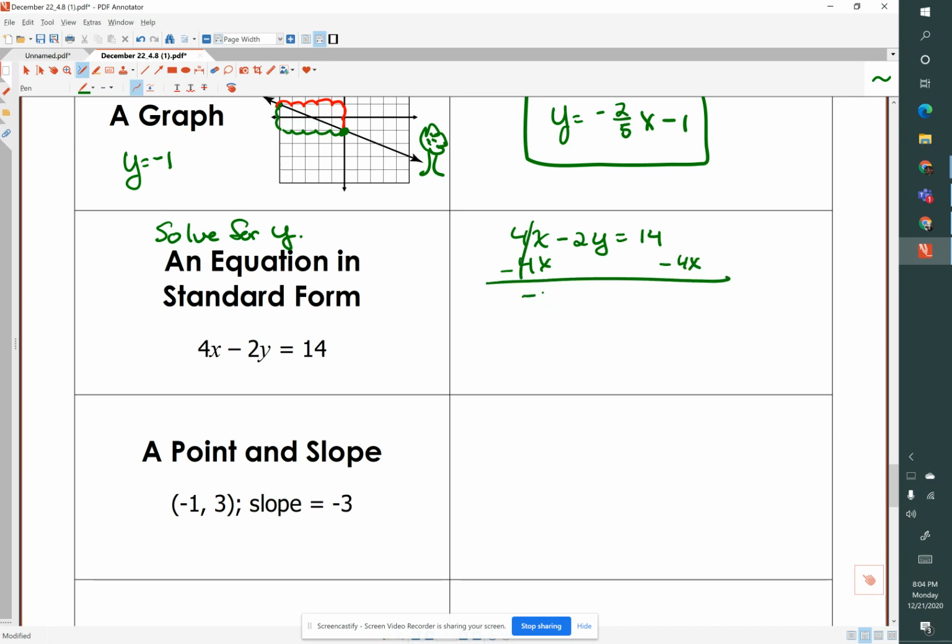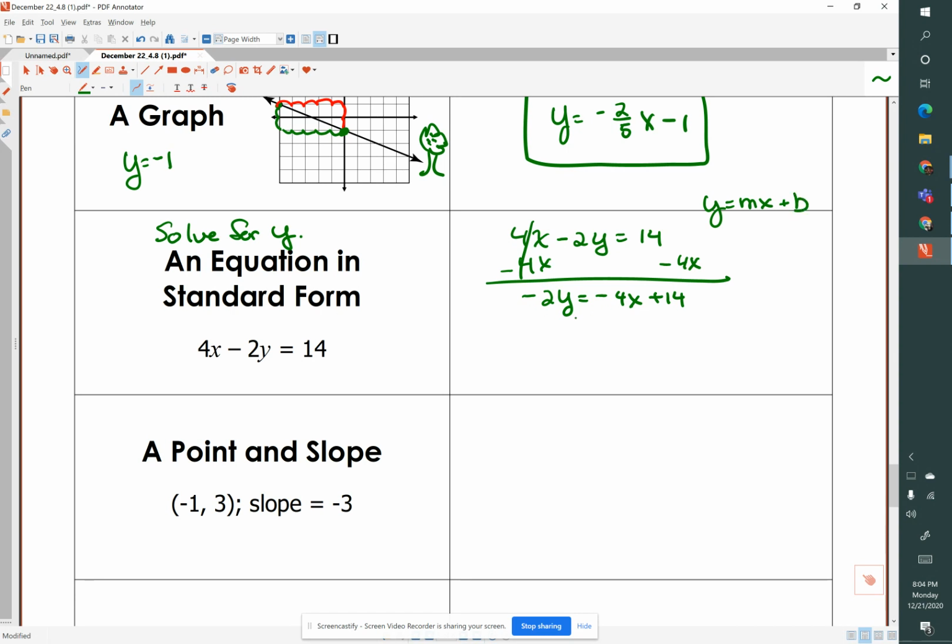Now we have -2y equals -4x plus 14, and I put the 4x before the 14 because I want to get it into that slope-intercept form, y equals mx plus b.